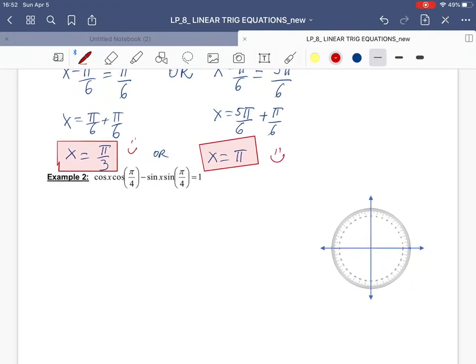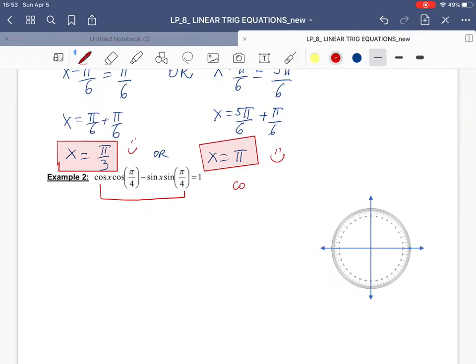What we have in here is something very similar to the previous example. So again, if you would like to, you can pause the video and start trying this on your own. I will continue with the solution, obviously. And what we have in here is cos x, cos pi over 4 minus sine x, sine pi over 4 equals 1. So you probably recognized here the formula for a compound angle.